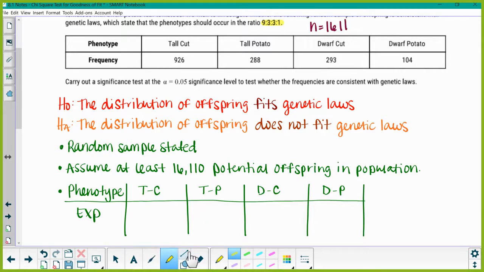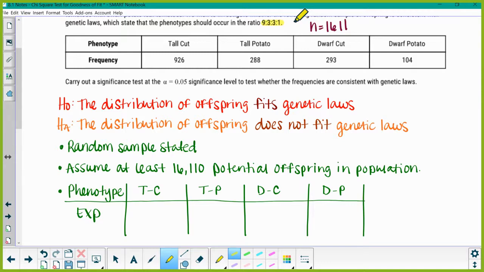With the genetic laws, if I were to take my whole entire population, 9 out of the total, which is 16, that percentage of them would fall into the first category. 3 out of 16 would fall into the second category, 3 out of 16 third, 1 out of 16. And that's just proportions.